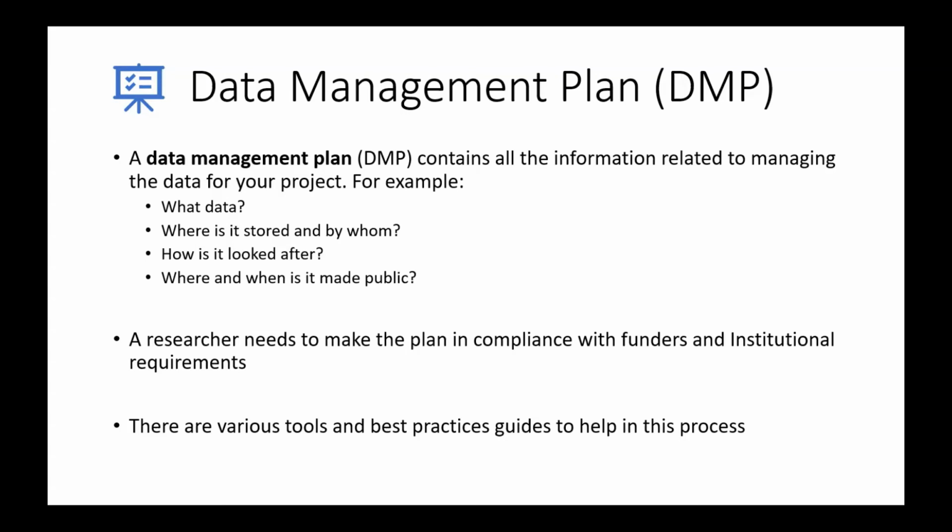For example, what data, where is it stored, how is it looked after, where and when is it made public. And these plans are often required by funders or institutions. So you have to comply with their requirements. And there are tools and best practices guides to help you in this process. And we will take a look at those in just a minute.